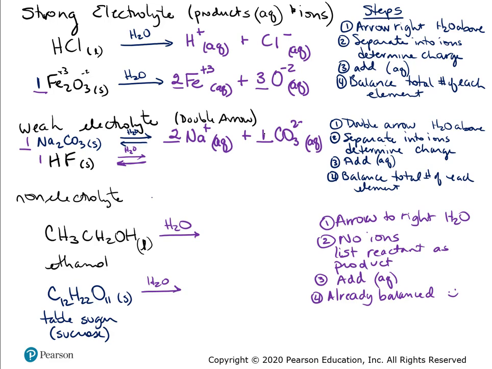What about HF, hydrogen fluoride? It would split into hydrogen, H+, and that would be aqueous, and F, which has what charge? It's a negative, because it's over in group 7, right? So remember, like chlorine, it would have a negative charge.